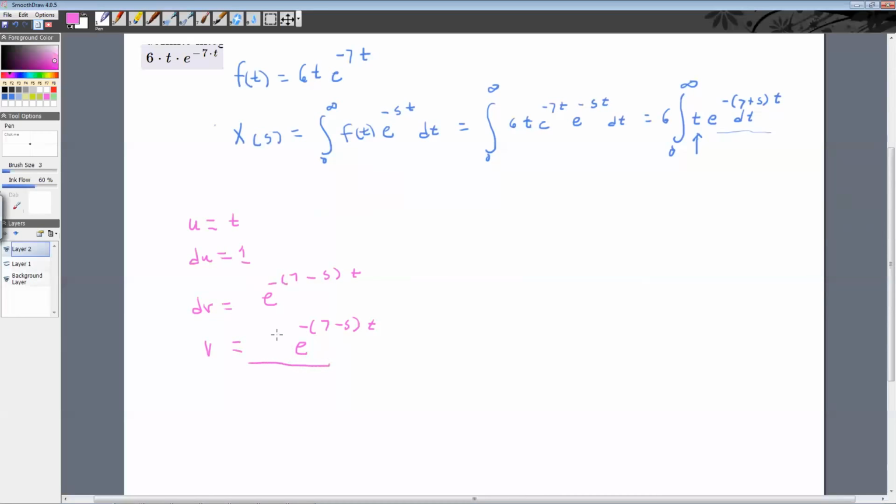So I would have minus 7 minus s. Okay, all right. Now I should be able to do everything. Even though sometimes what people forget, especially in the documentation, is that they just put this formula.